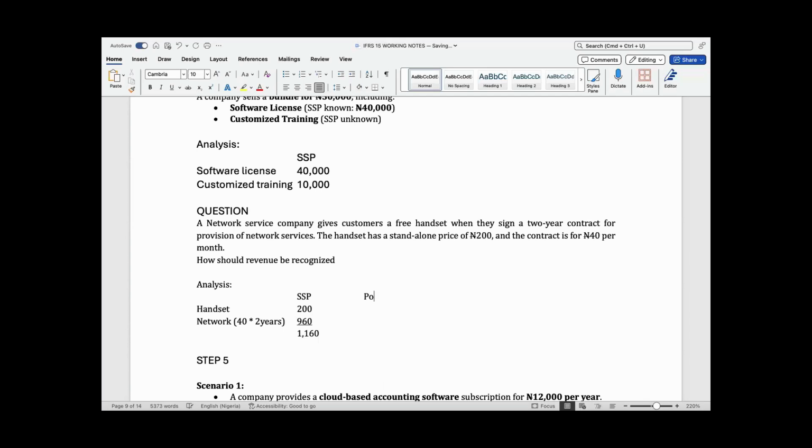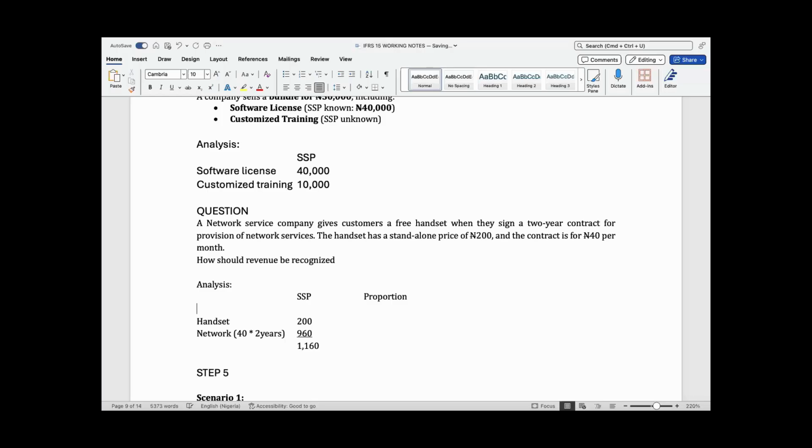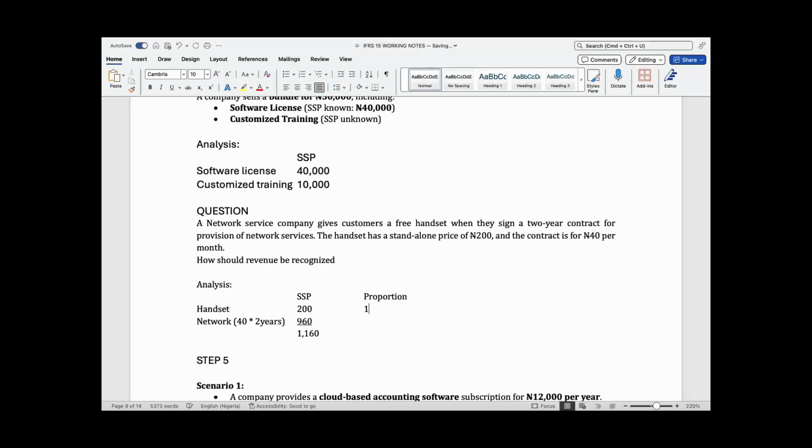So the proportion, this should be 200 divided by 1160. What does that give us?